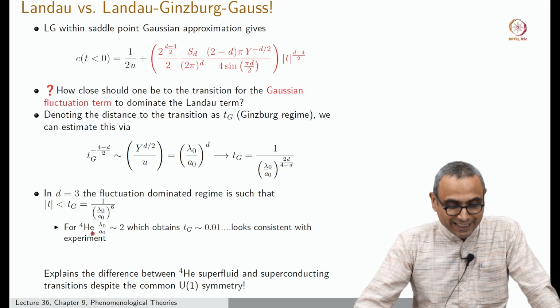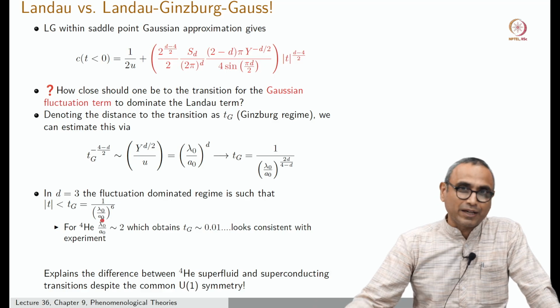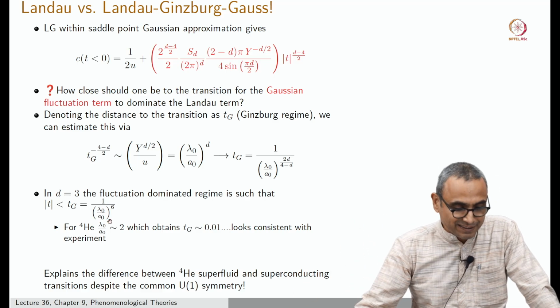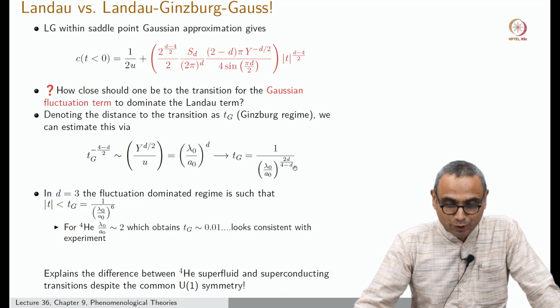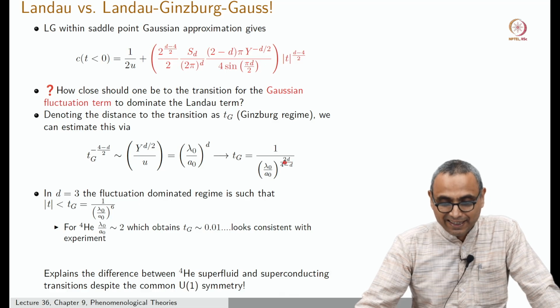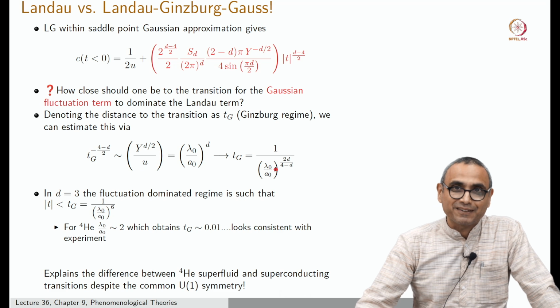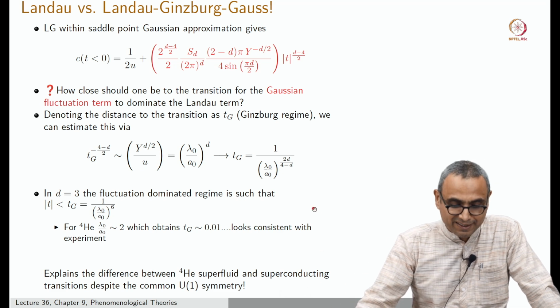If you look at helium 4, you can do the experimental estimates of this. Lambda naught by a naught will turn out to be 2. So, let us say 2 to the d is 6, and 4 minus d is 1. So, 2d is 6, so it will be 1 by 2 power 6, which will be roughly of the order of 1 by 100 or so.